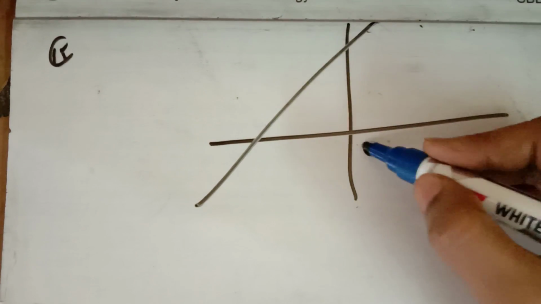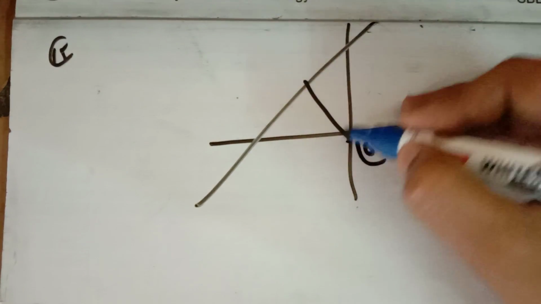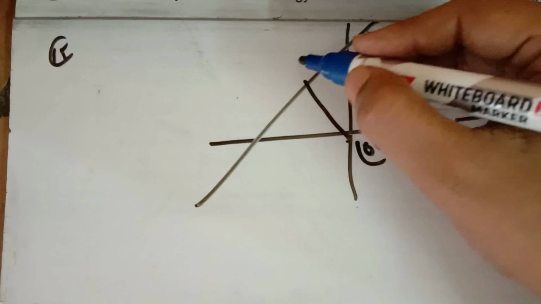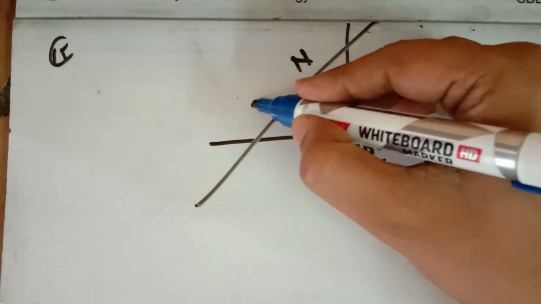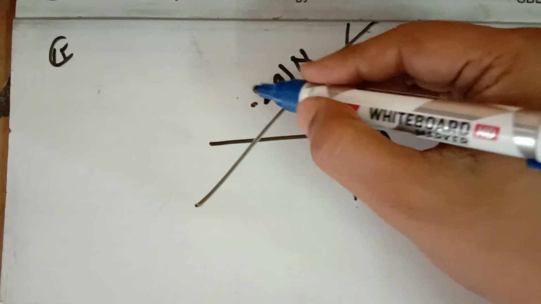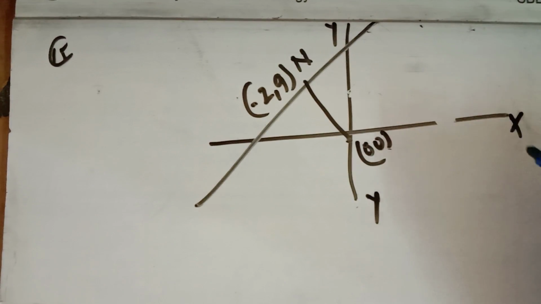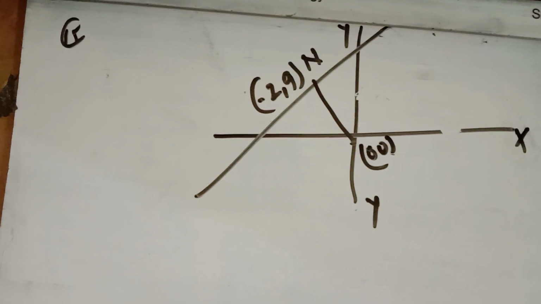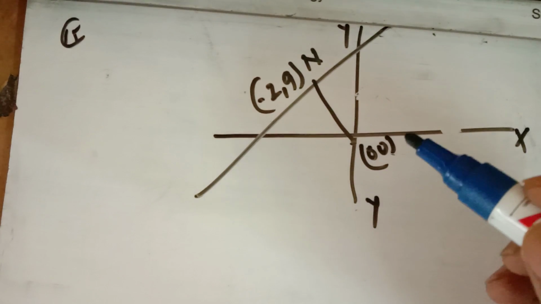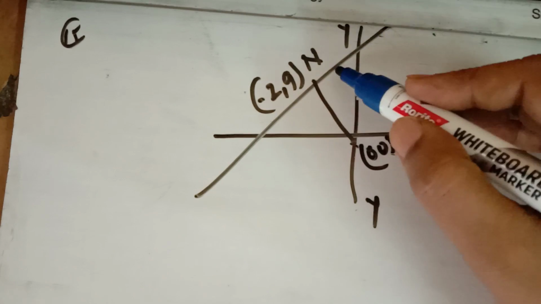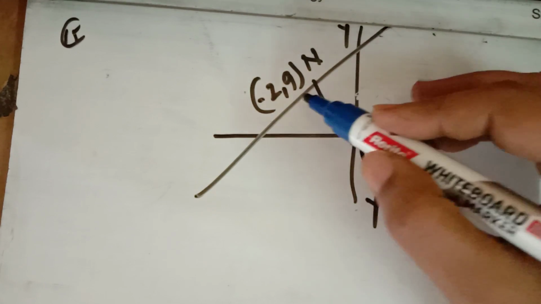It is given that the perpendicular from the origin meets the line at (-2, 9). This is the figure, this is the y-axis, and this is the x-axis. Read the question once again: the perpendicular from the origin to the line, which is passing through the point (-2, 9).